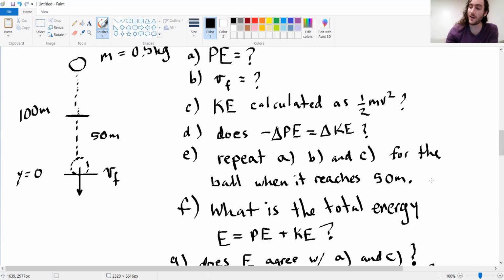There is maybe one other interesting topic at the end of the chapter, and that is energy with dissipative forces. In other words, how do we account for all of the energy if we have friction in our problem? Essentially, you calculate the work done by a friction force and subtract that from the overall energy.